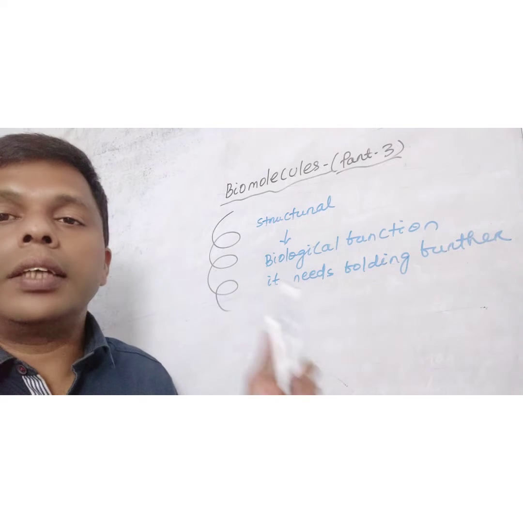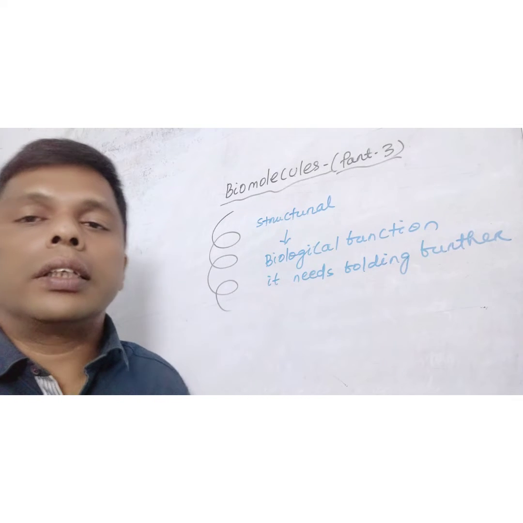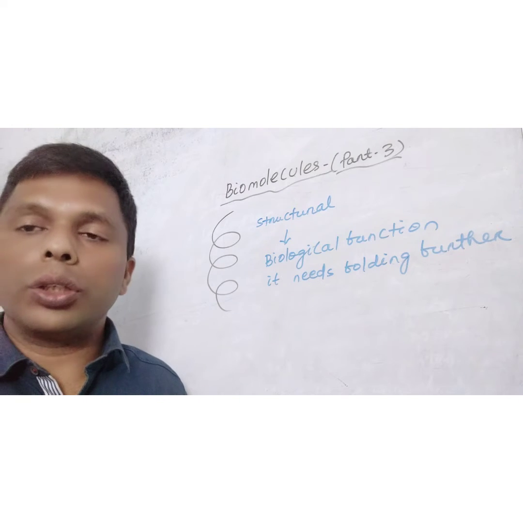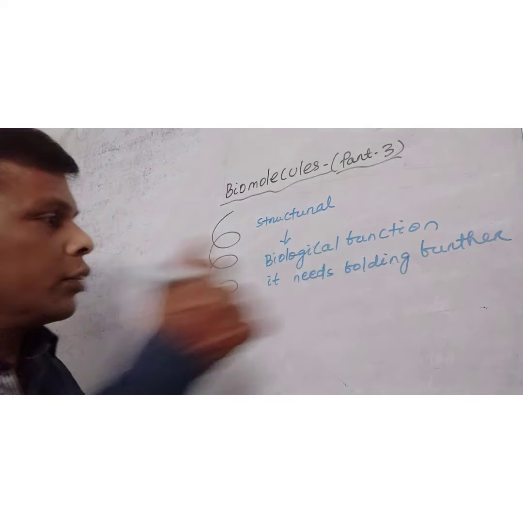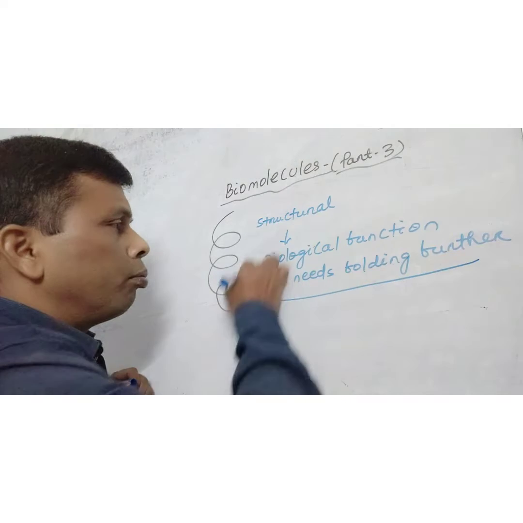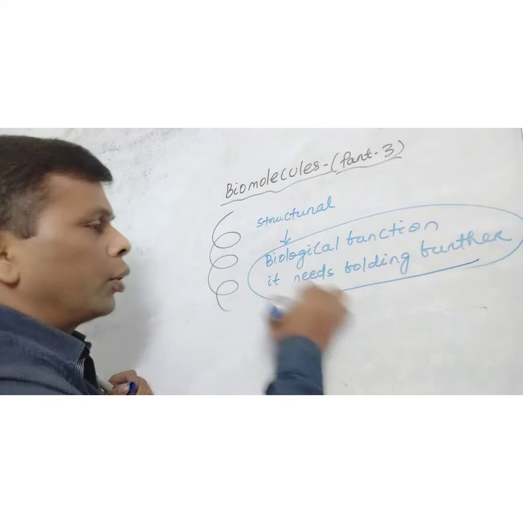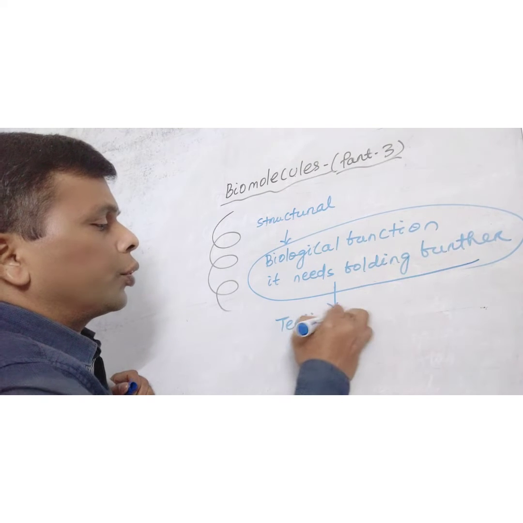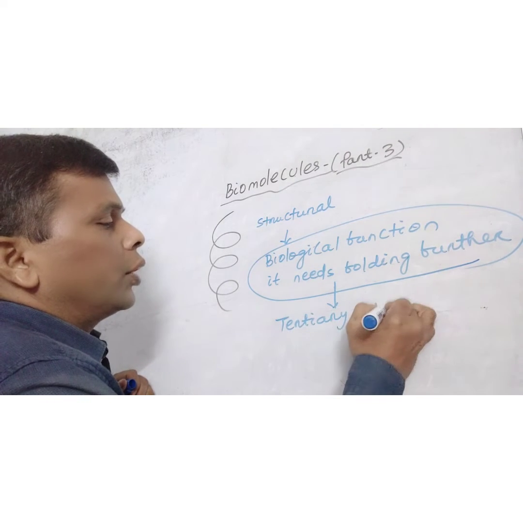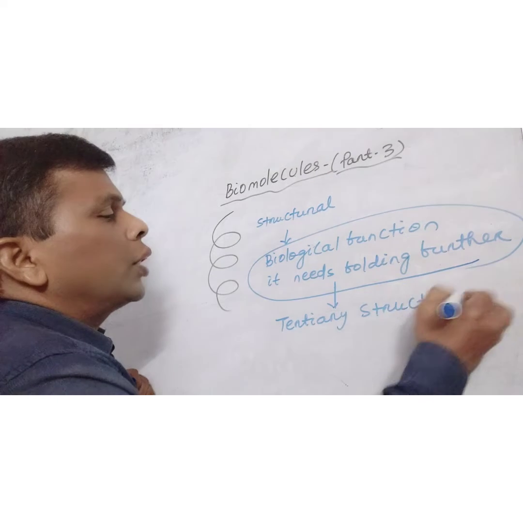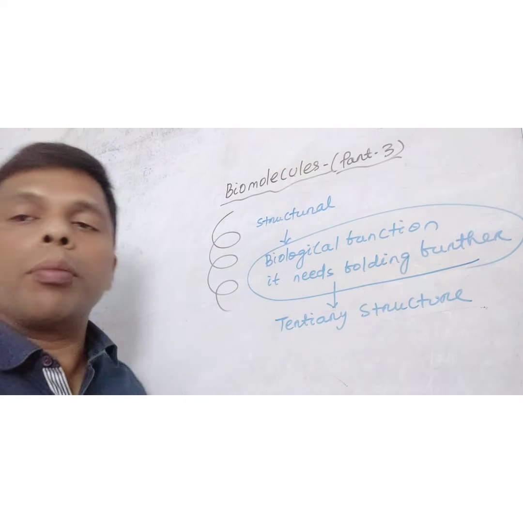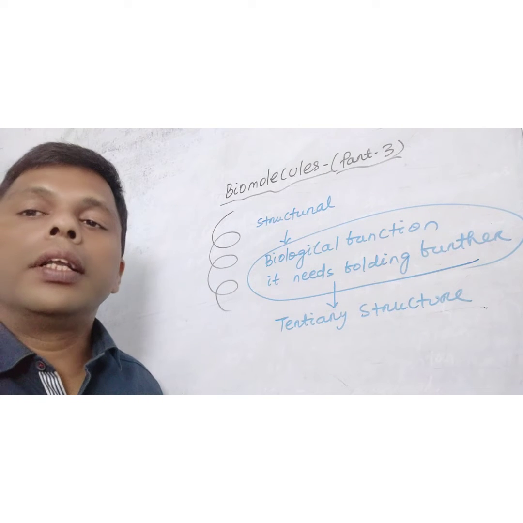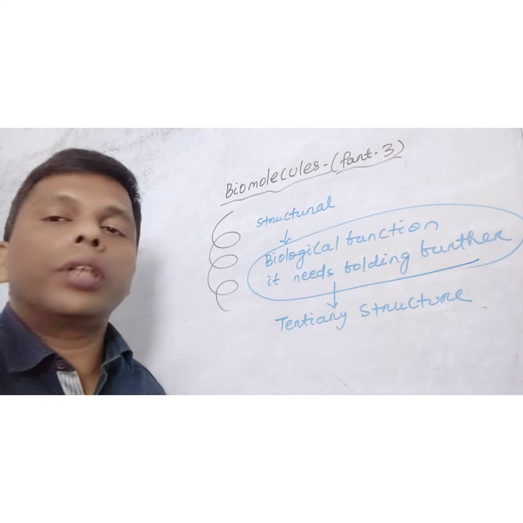So, there is a need for folding of secondary structures. This folding produces the tertiary structure. The tertiary structure again becomes complex to produce quaternary structures. In this way, the complexity of protein goes on rising.